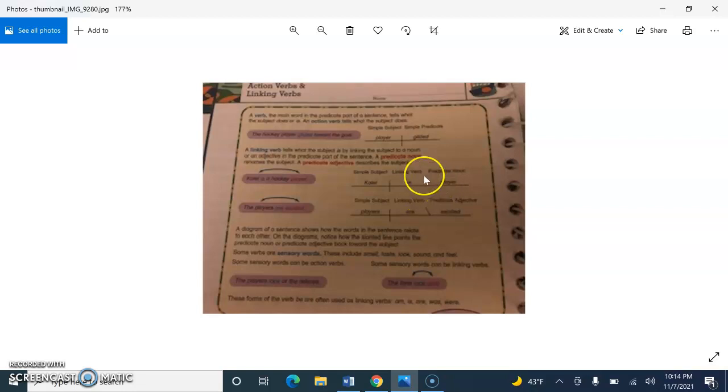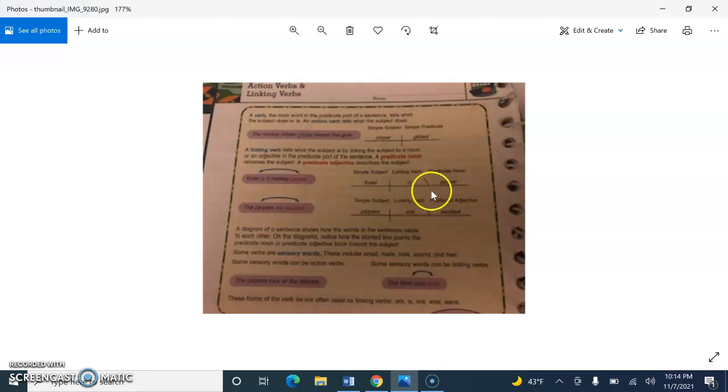Why is it important? Because remember in last chapter I told you that a noun can either be a subject or it can be an object. And we said that there were 3 objects in a sentence. Well, in the coming lessons, we're going to learn how to diagram those objects.